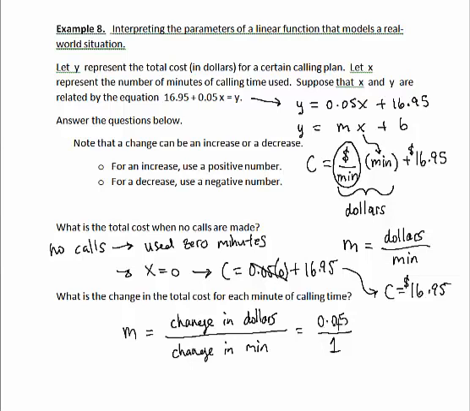And so when we compare the numerator and denominator to the structure of our slope, then you should realize that it costs 5 cents per minute, per 1 minute. 5 cents over 1. Dollars on top, minutes on the bottom. The minutes have to be on the bottom in order to cancel the minutes out that come from the x, and then we can add dollars to dollars to calculate our cost.